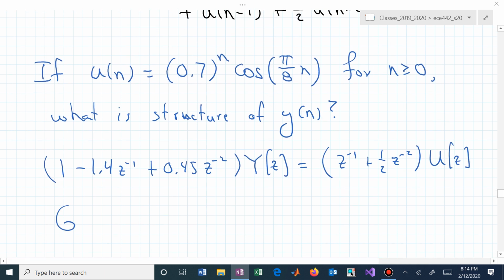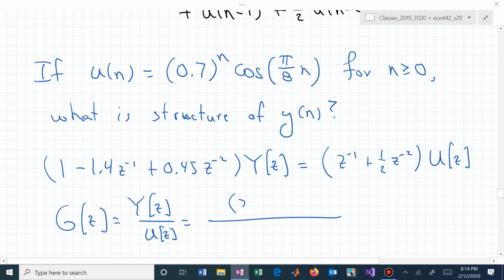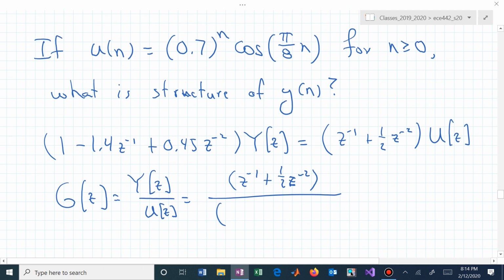So that g of z, the system, is now y of z over u of z is now equal to z to the minus 1 plus 1/2 z to the minus 2, all divided by 1 minus 1.4 z to the minus 1 plus 0.45 z to the minus 2.